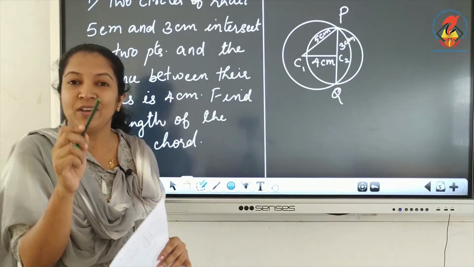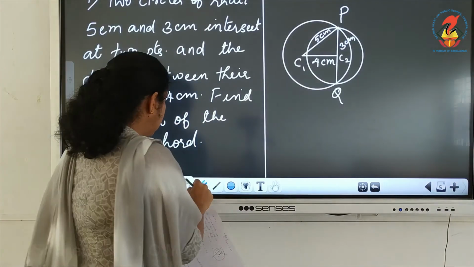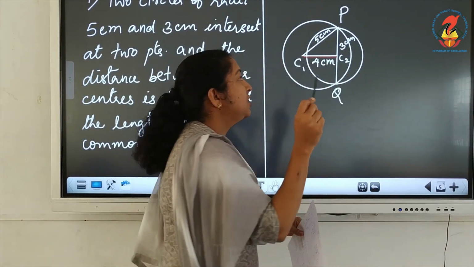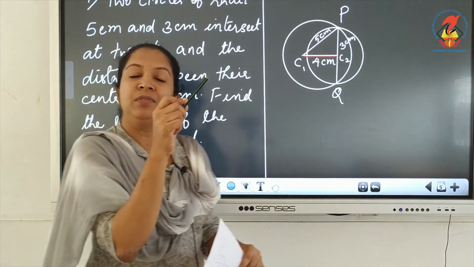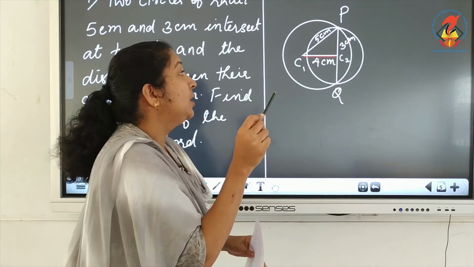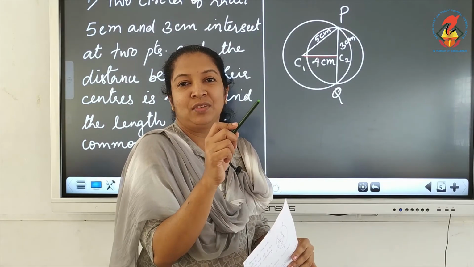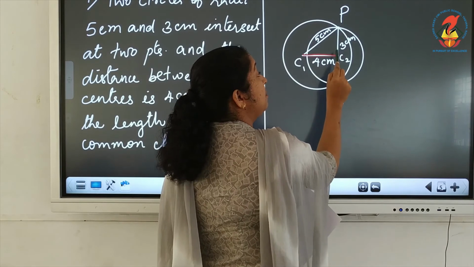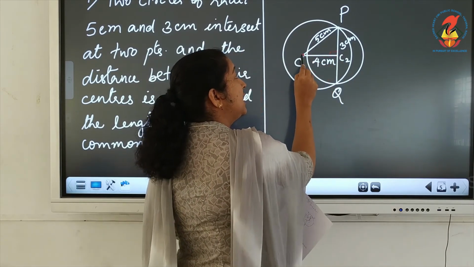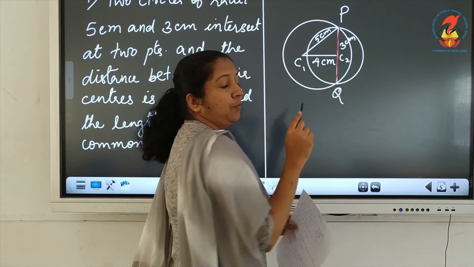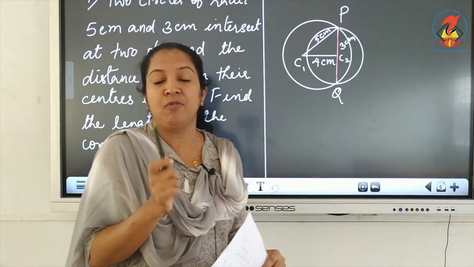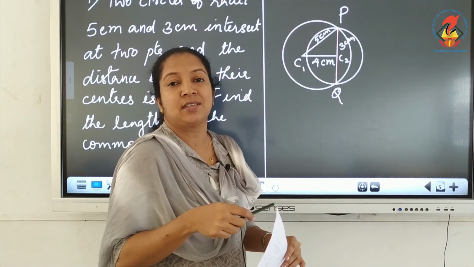For that, we are going to prove that C1C2 is a perpendicular from the center to the chord PQ. If it is so, it bisects the chord, and then we can take the double of this.